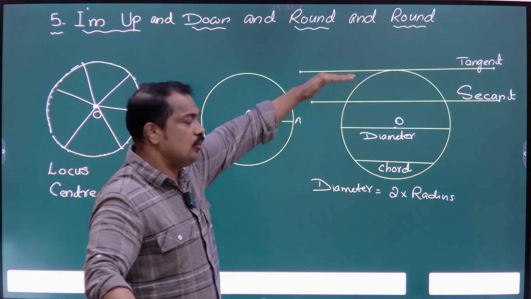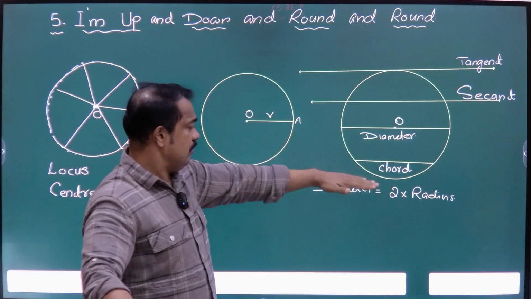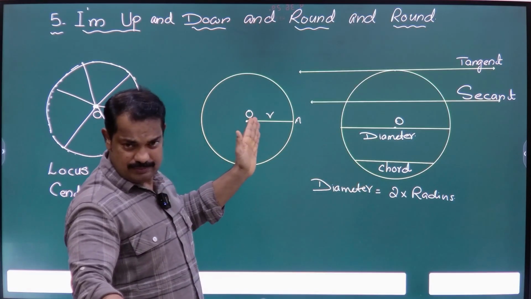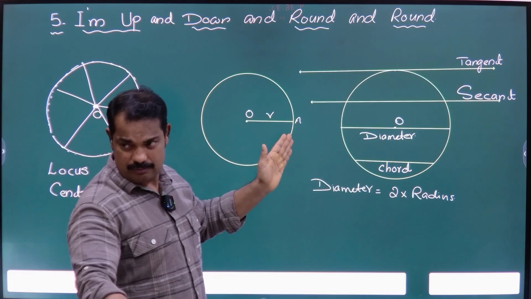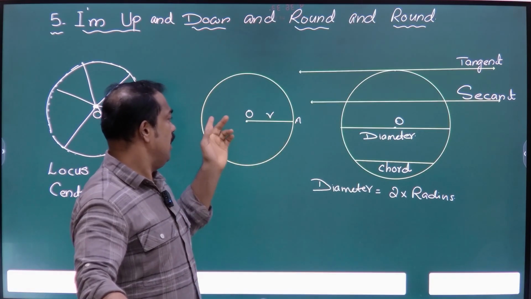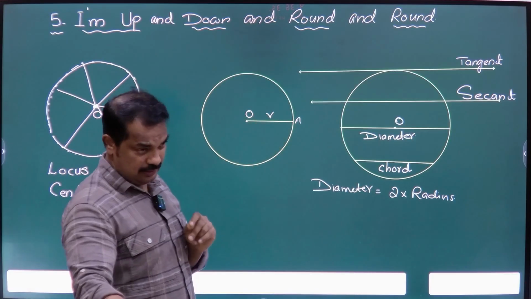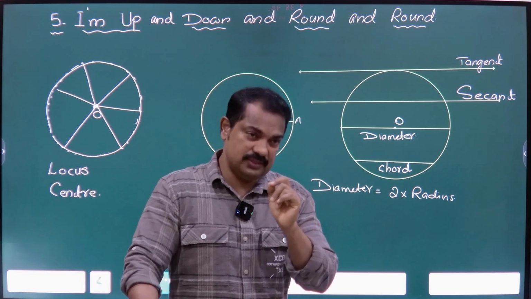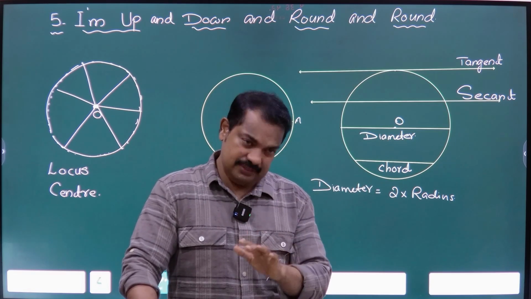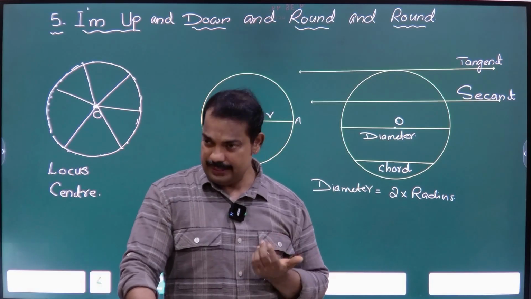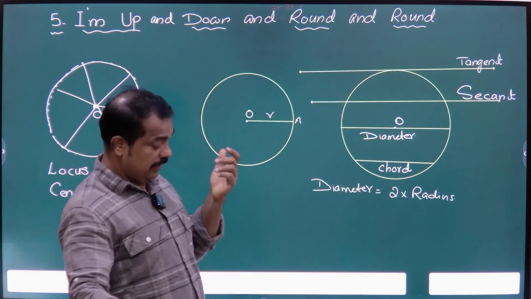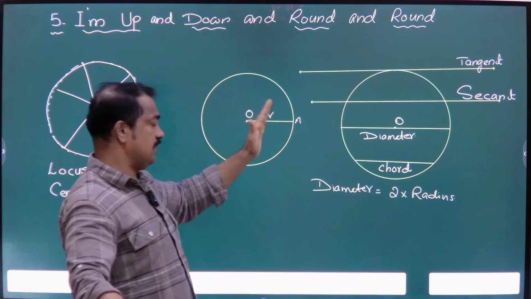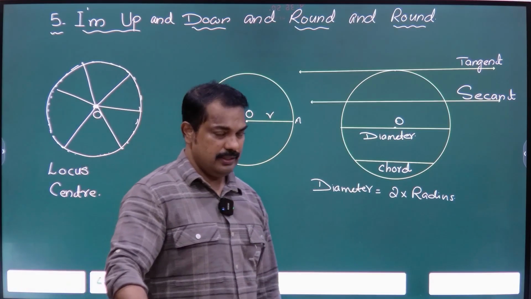The different parts of circle, clear? The first one, center, a fixed point of the circle. And what is the radius? The distance of any point on the circle from the center is called radius.